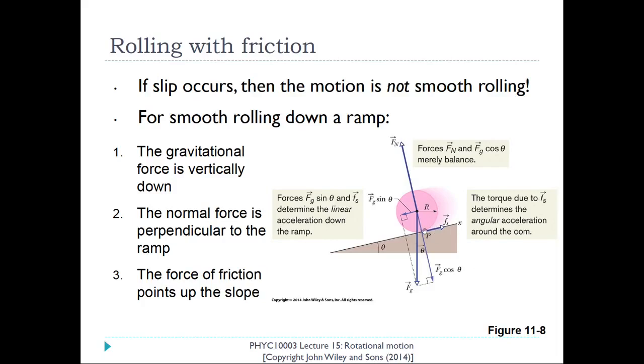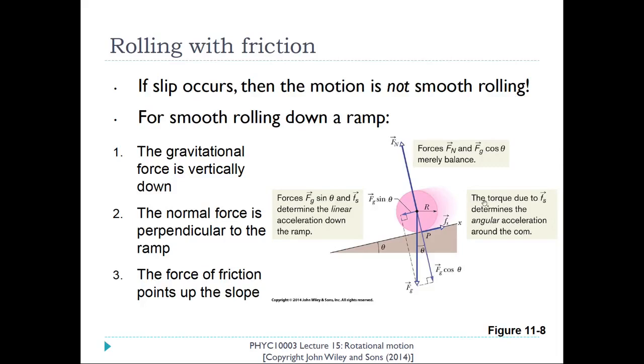Now what this frictional force does is put a torque on the system, because there's that force times the distance from the center of mass, which is the radius. So it's actually preventing it from slipping by adding a torque onto it. We can see here that the normal force and the force of gravity times cosine theta just balance out, of course.